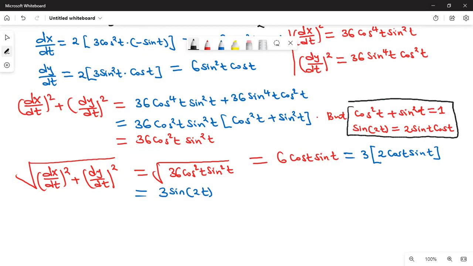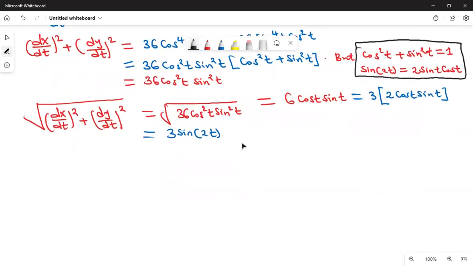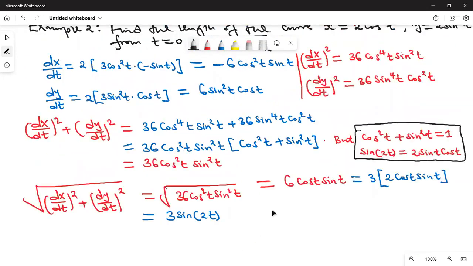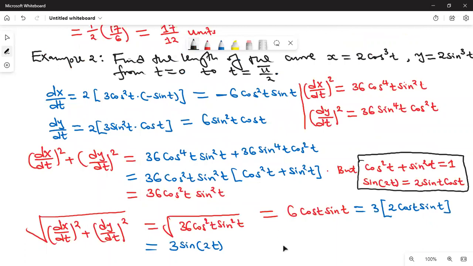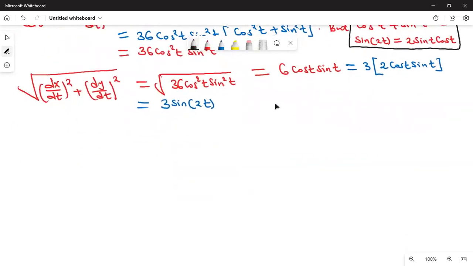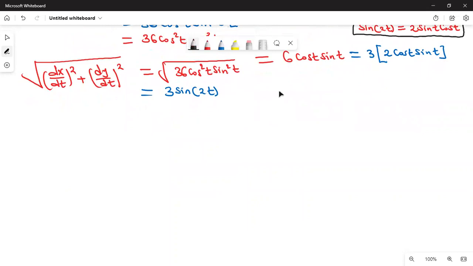So now that we know that square root, we are going to integrate our answer from, let's see, from the question, t equals 0 to pi over 2. So let's now integrate. It's now easy to integrate so that we find the required arc length.